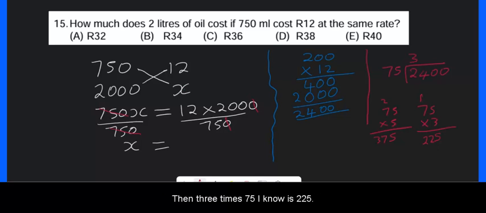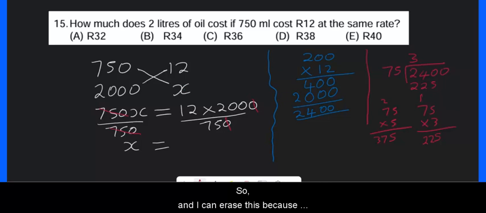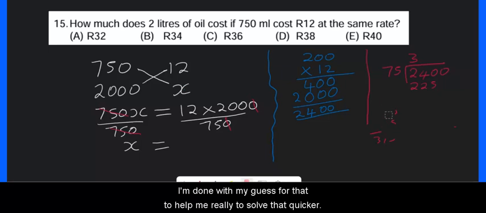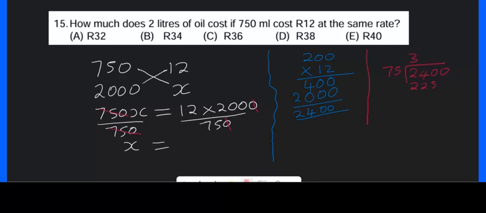Then 3 times 75 I know is 225. You see that? I can erase this because I need more space. I'm done with my guess, and it really helped me solve that quicker.